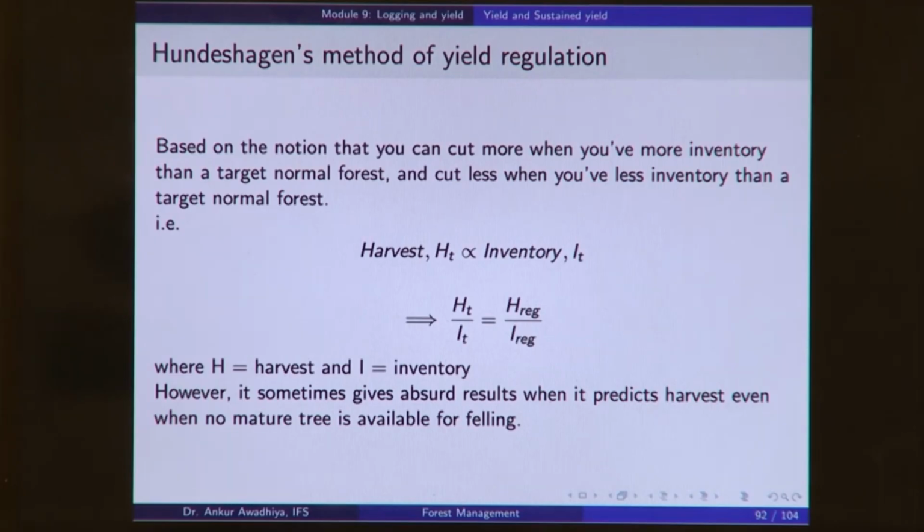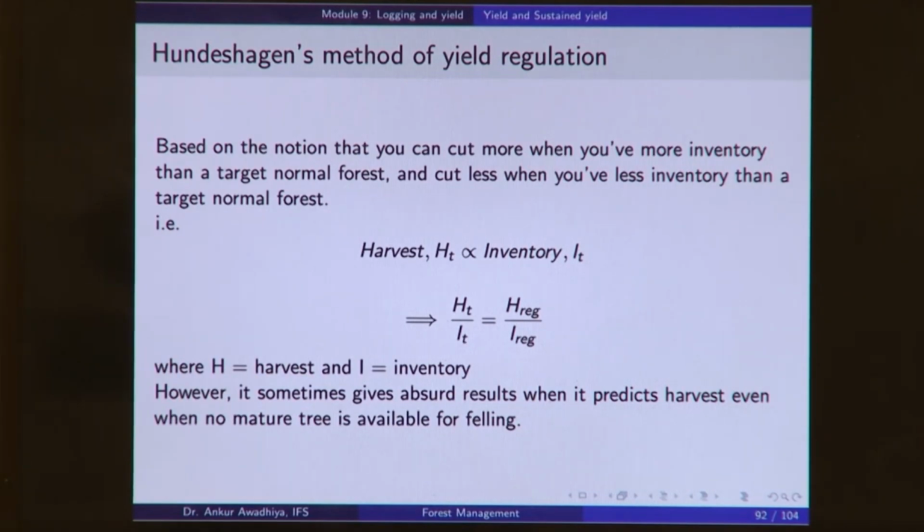H divided by I should be a constant, and how do you get to this constant? Through, say, numerical computations or through setting up of a research plot. However, this method also gives absurd results when it predicts harvest even when no mature tree is available for felling.